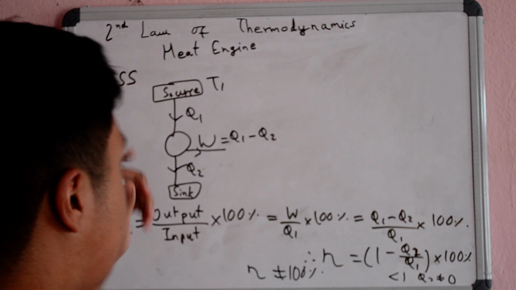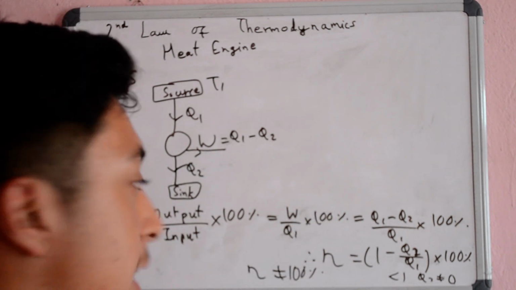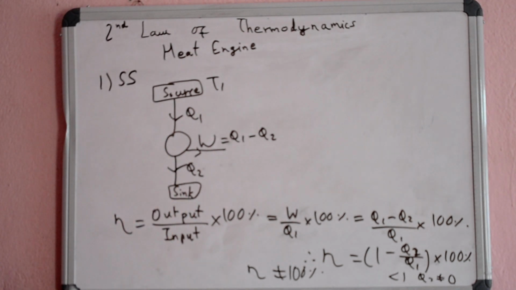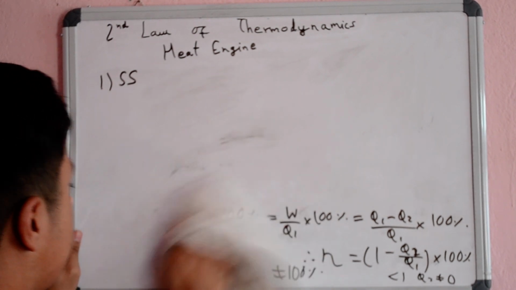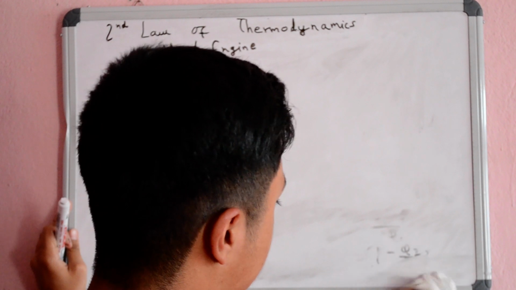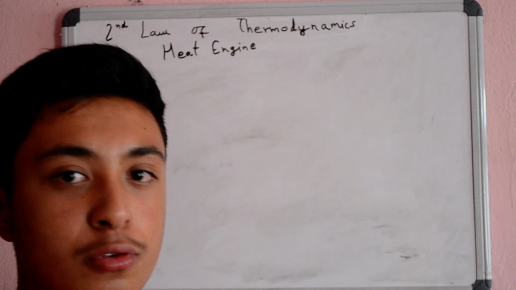And here the statement for this type is called the Kelvin-Planck statement, which states that without losing heat to the sink, a heat engine cannot be operated. So now for the second type, it is based on the working mechanism of a refrigerator. So our refrigerators or fridges keep our food cool.